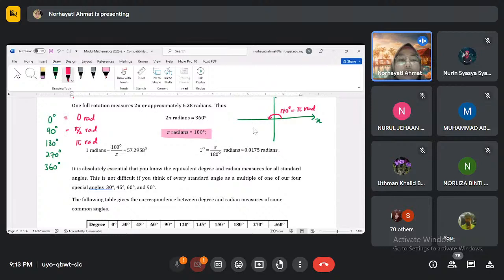So kita tahu daripada relation between degree and radian, we can find the radian of other standard angles. We know that 180 degree is equal to pi radian, therefore 90 degree is equal to pi over 2 radian. Okay, how about 270 degree?